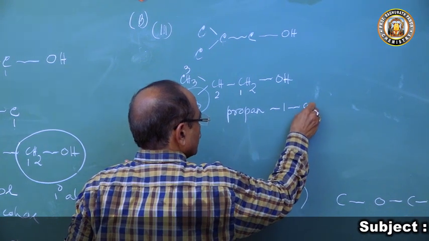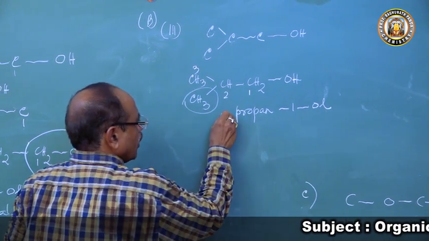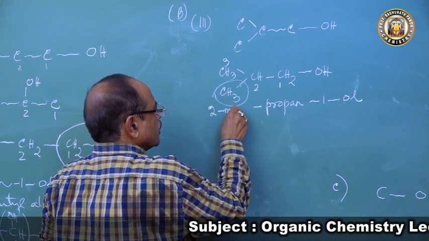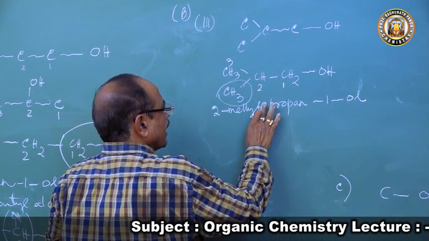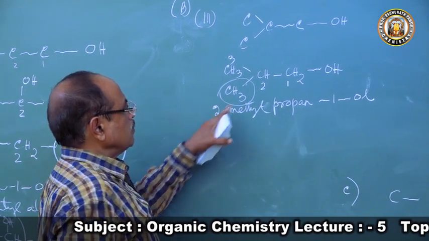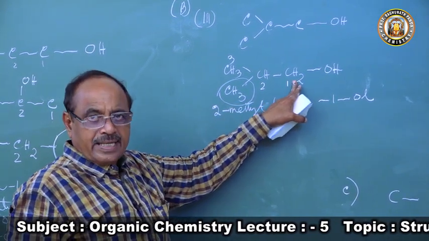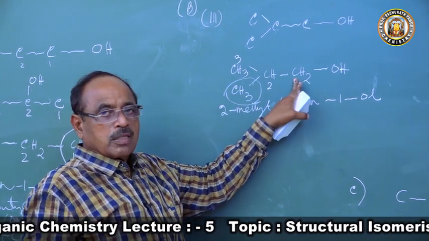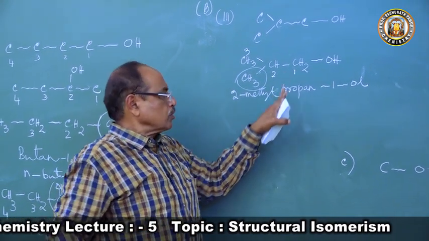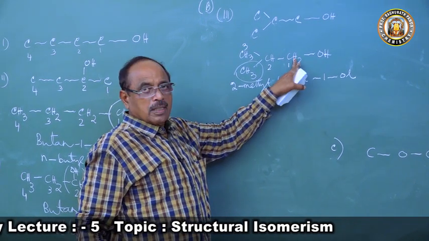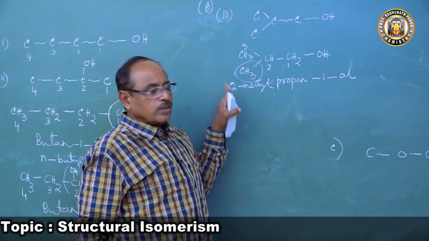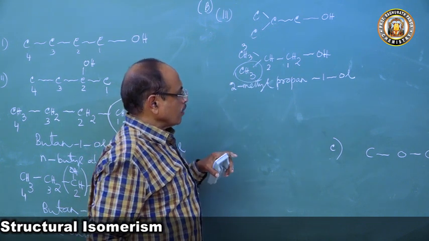At 1 carbon atom OH is there, propan-1-ol, and the same propane is attached with a methyl group as a substituent. So it is 2-methylpropan-1-ol. At the 2 carbon atom there is a methyl group, so I write 2-methylpropan-1-ol.